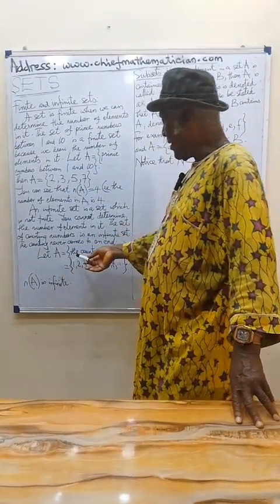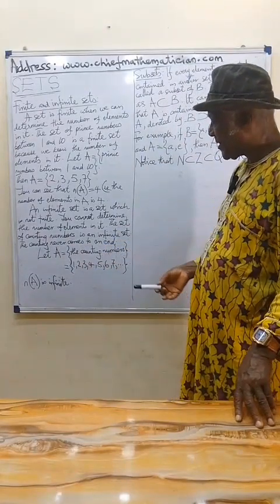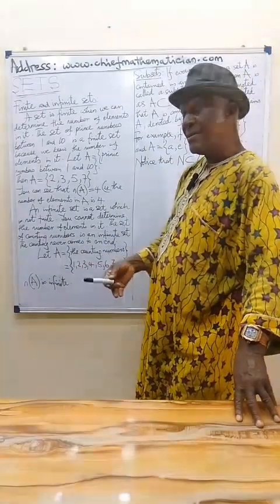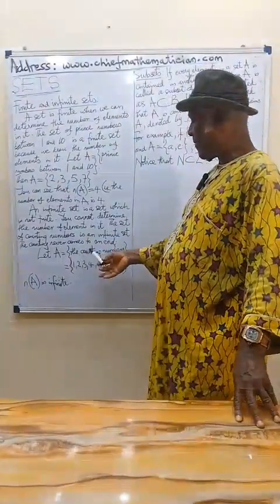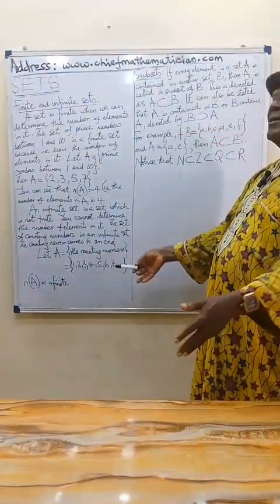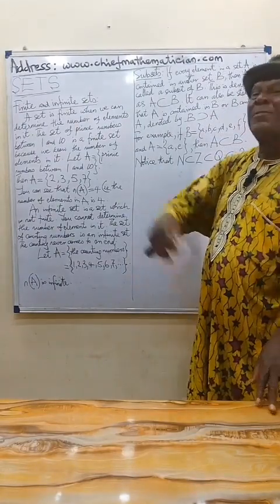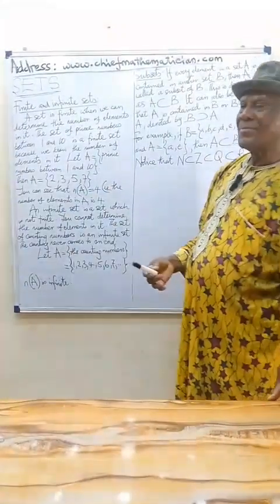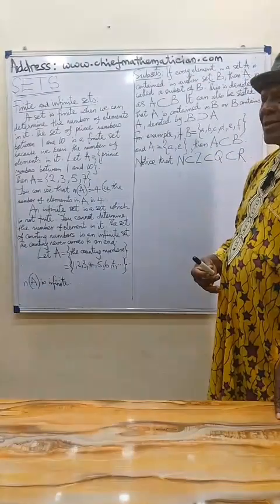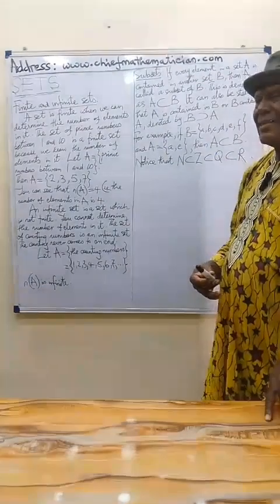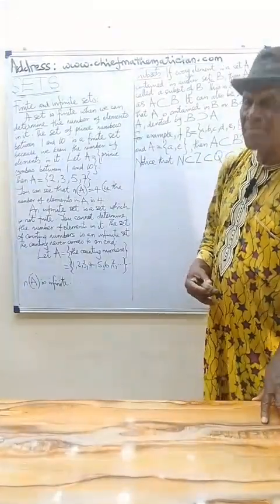Let A be equal to the set of the counting numbers. Then the elements of that set will be 1, 2, 3, 4, 5, 6, 7. You keep counting. It is infinite. You cannot count the elements in that set. Even in your lifetime, you cannot.